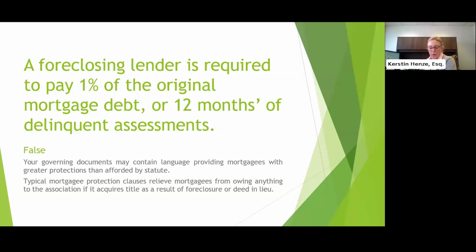So check your language, and if you have language that protects mortgagees, then you want to amend it out, and at a minimum, insert in your amendment the safe harbor language, which is here. This would apply to first mortgagees.